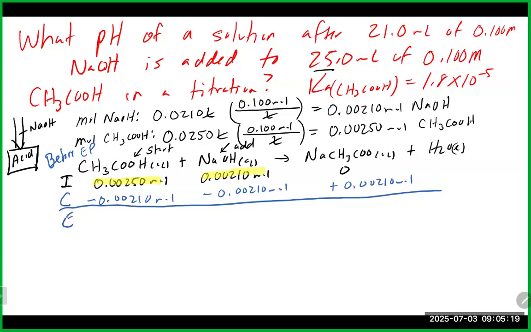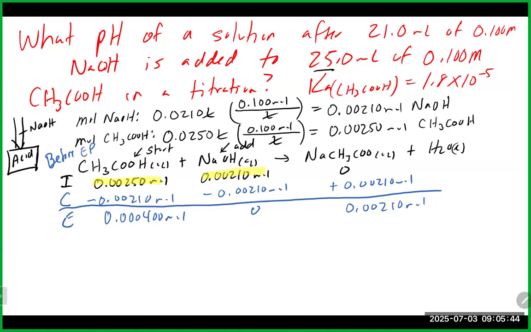We will end up with 0.0025 minus 0.0021, 0.0004 moles. That's going to be 0 and 0.0021 moles. Again, at this point, we do want to convert back to molarity, but before that, any questions so far on the ice table?